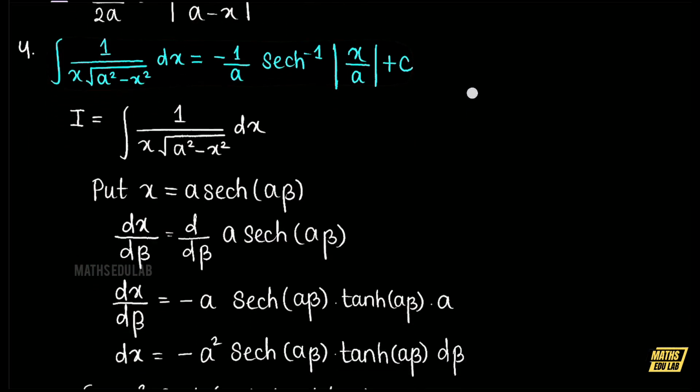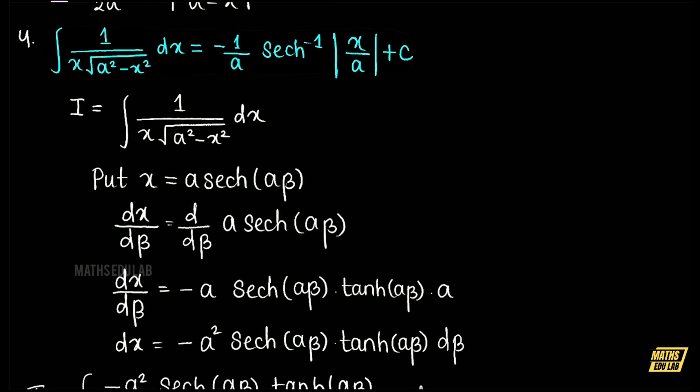And the next formula of the special hyperbolic functions is integration of 1 upon x root over a square minus x square dx, which is equal to minus 1 upon a sec hyperbolic inverse x by a mod plus c. As I have done in the previous questions, here also for the left hand side value I have taken I, which is equal to integration 1 upon x root over a square minus x square.